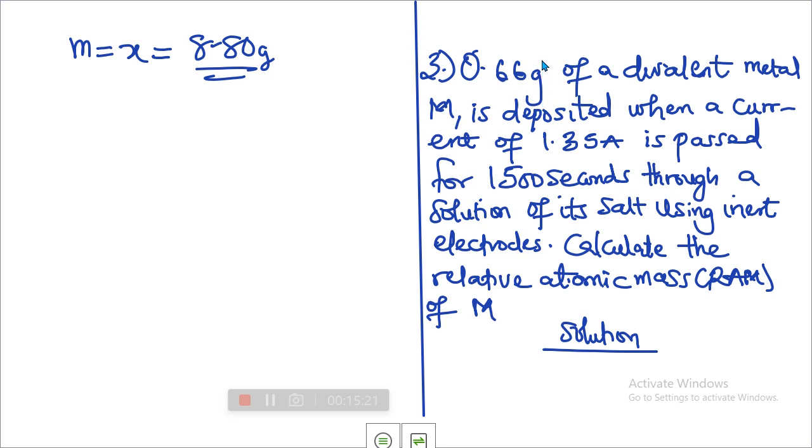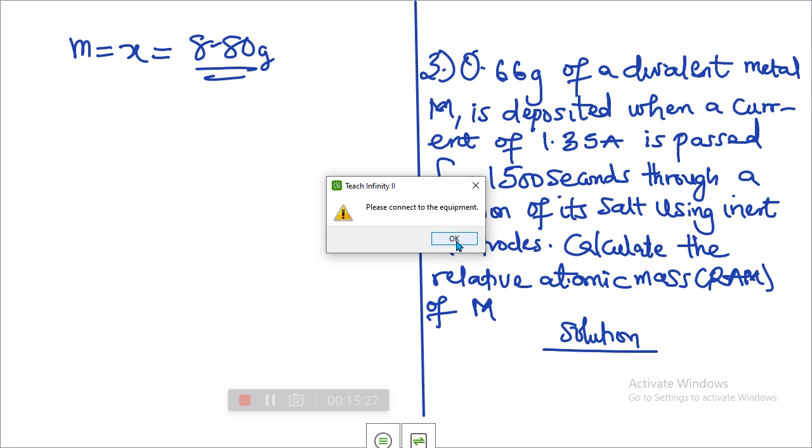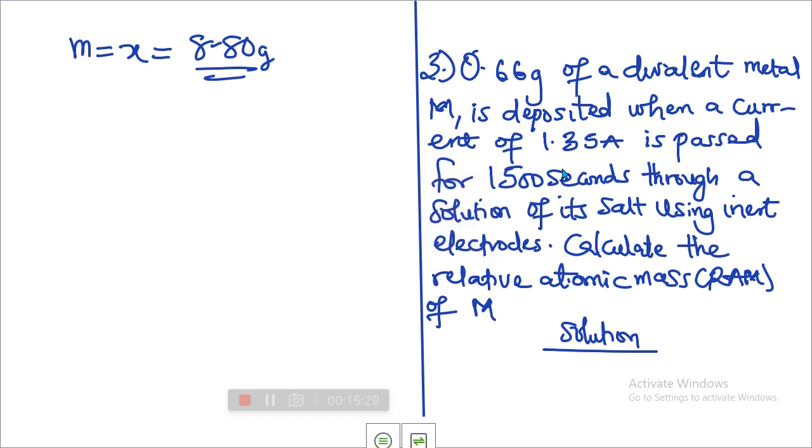Let me now do the last question. They said 0.66 gram of a divalent metal is deposited when a current of 1.35 ampere is passed for 1500 seconds through a solution of the salt using inert electrodes. Calculate the atomic mass of M. This question is one of the simplest questions.